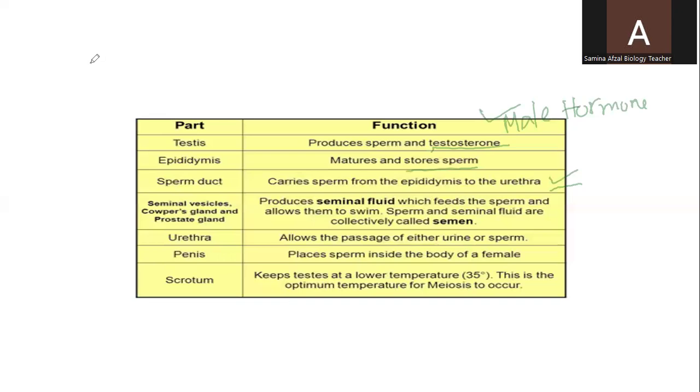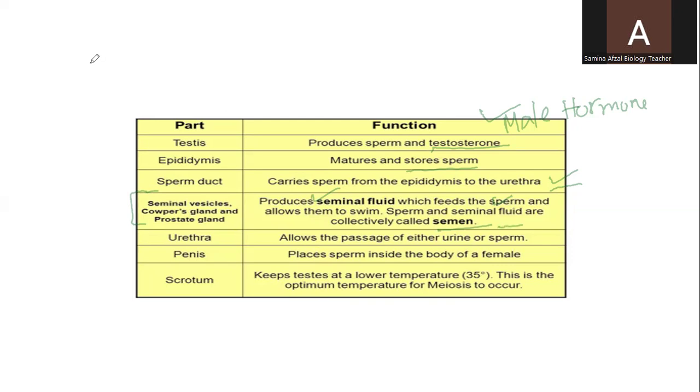Seminal vesicles, Cowper's glands, and prostate glands collectively make a seminal fluid, and the seminal fluid provides nutrients to the sperm and also helps them to swim. The sperm and the seminal fluid are collectively called semen.